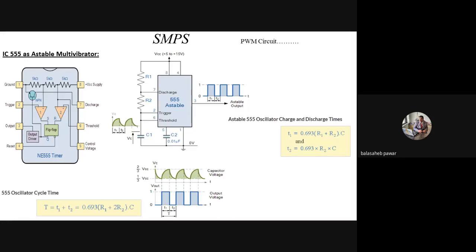In the first case, T1 equals T2; try for this one. Is it possible or not? Then go for the next task, that T2, that means the off period, should be twice of the on period. That means T on of the output pulses should be half of T off.